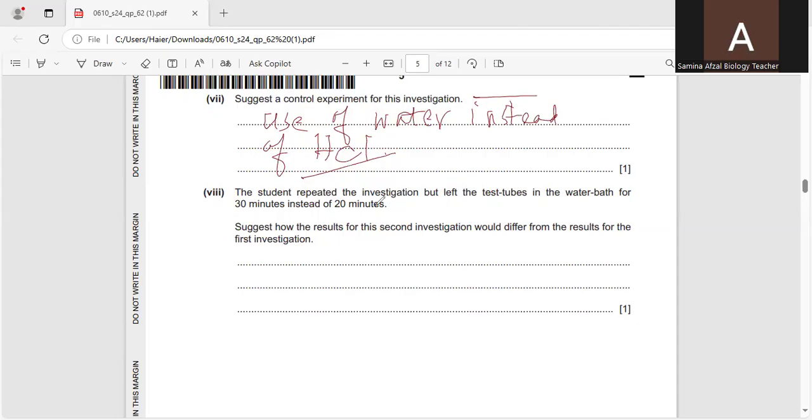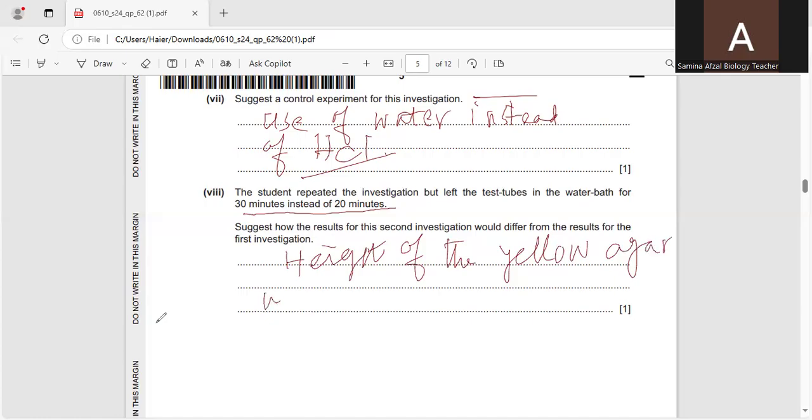The student repeated the investigation but left the test tubes in the water bath for 30 minutes instead of 20 minutes. As time is increasing from 20 to 30 minutes, the rate of diffusion will also increase, and due to which the height of the yellow agar will also increase.